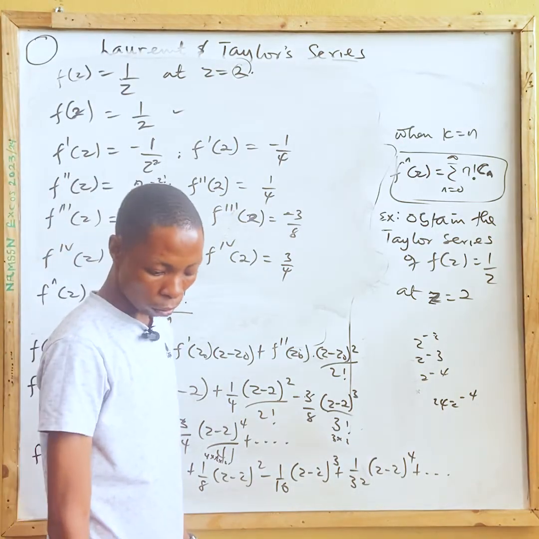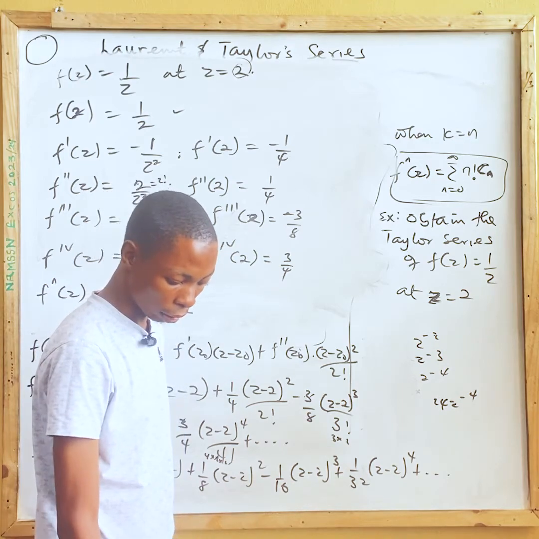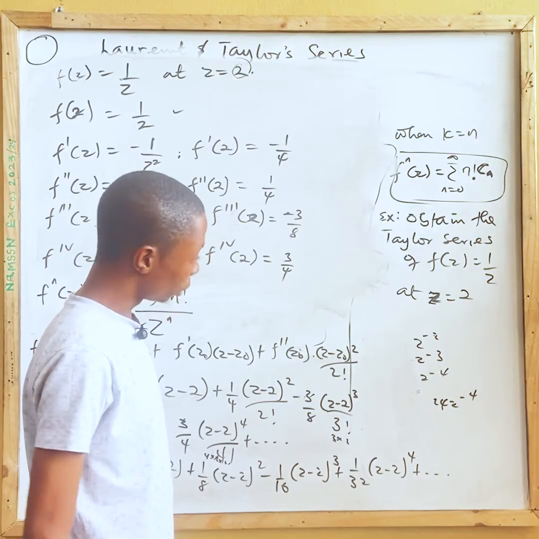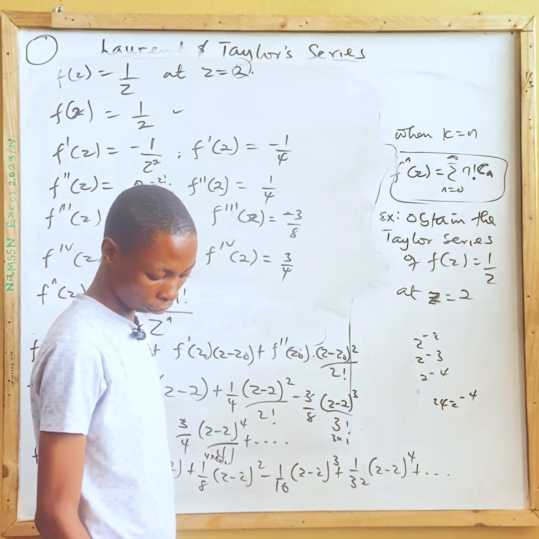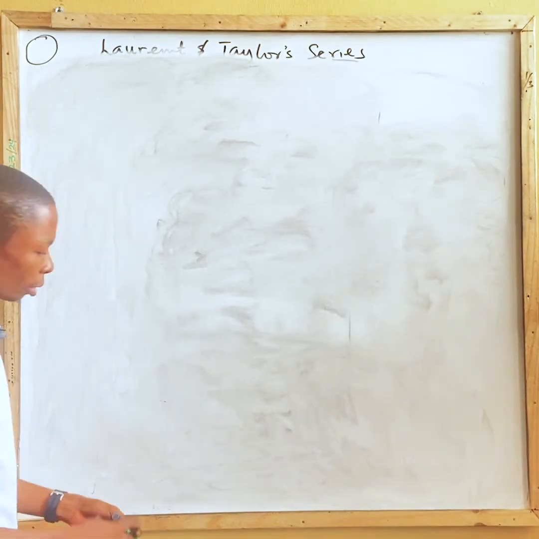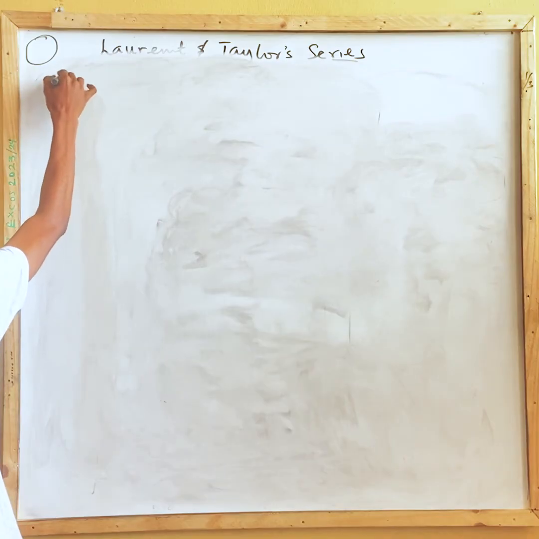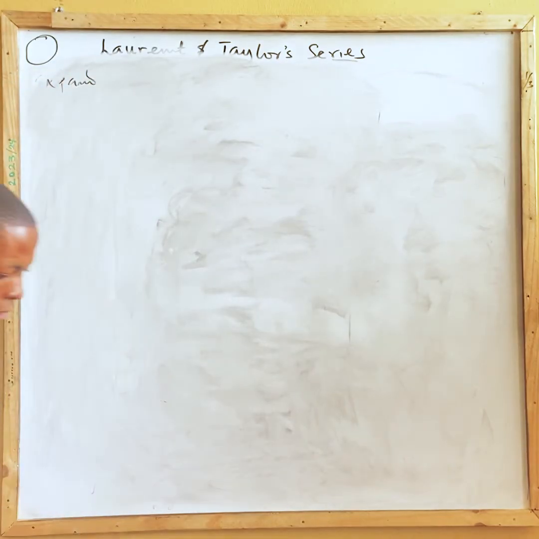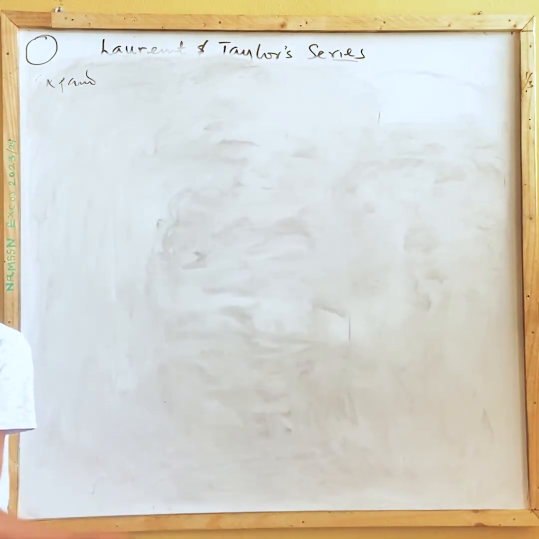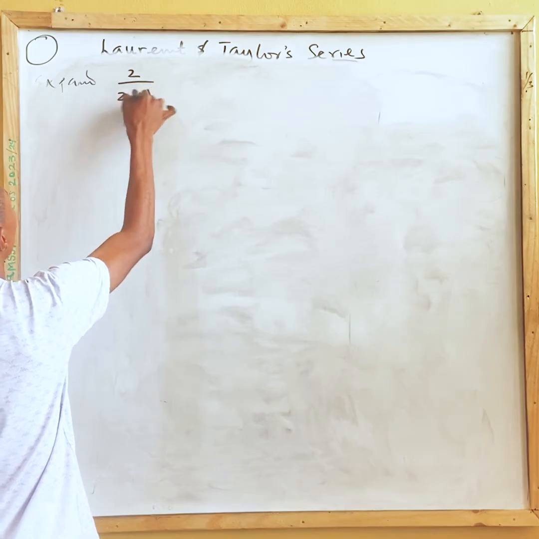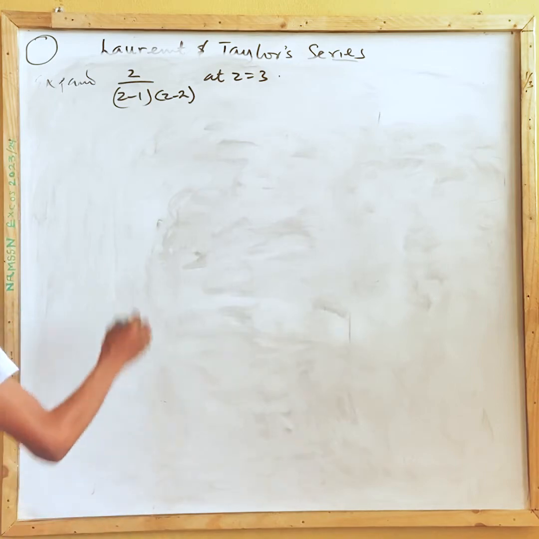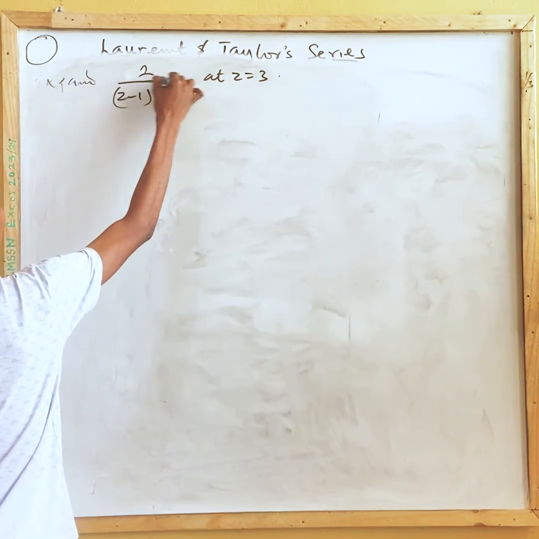So let's solve one more example on Taylor series before I move to Laurent series. That one is a bit more difficult than the other one. So let's expand, using Taylor series, 2 over (z minus 1)(z minus 2) at z equals 3.